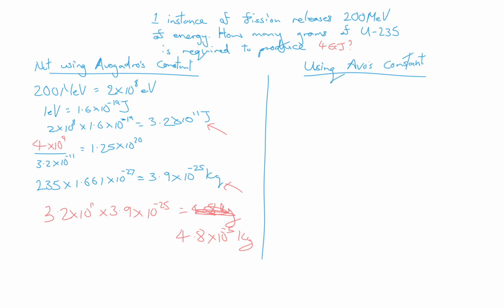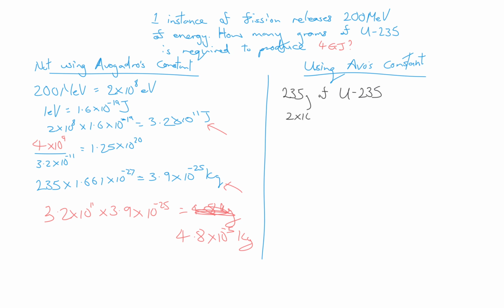Okay, so let's look at doing this another way then. We're going to use Avogadro's constant this time. And we're going to start by taking a look at, well, if we have 1 mole, 235 grams of uranium-235, how much energy is that going to give us? And this is going to be quite a quick way to get a value for energy. So we're going to say 200 mega electron volts is 1 instance of the reaction.